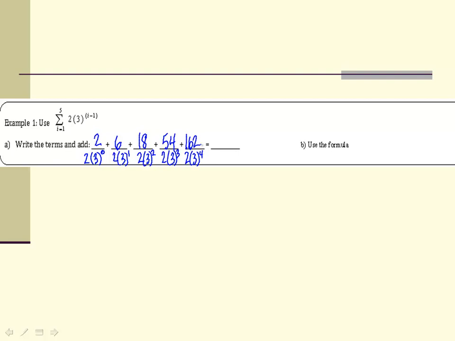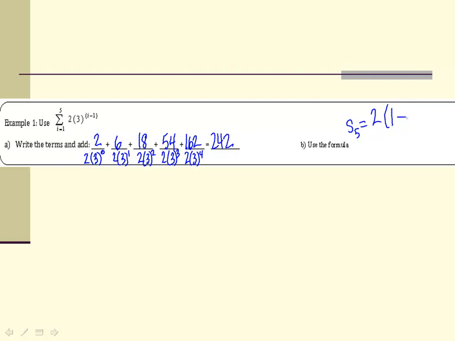And if you go ahead and add these all up, because for a series we need to add all the terms up, you get 242. Now let's do this same one using our formula that's written right above. So S sub n, we want to find S sub 5 because there's 5 terms, equals our a sub 1, which is 2, times 1 minus our rate.